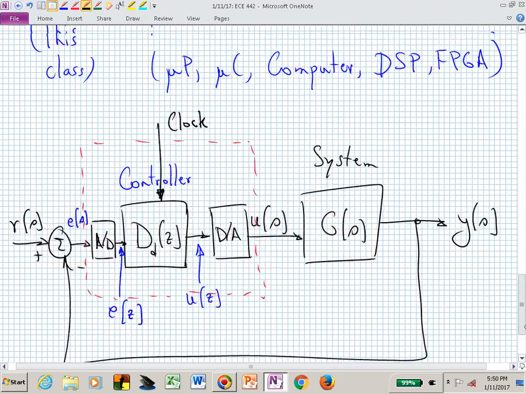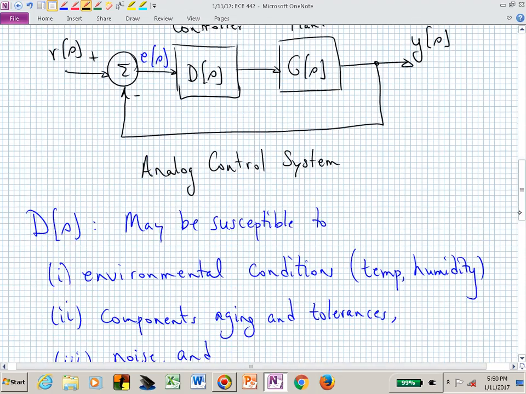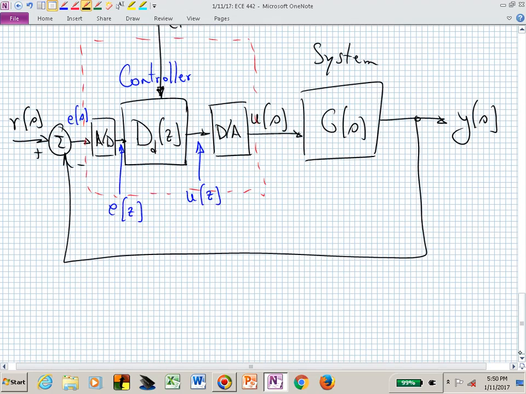And this system now, in contrast to an analog control system, is sampling this error signal and then using that to drive our controlled system. So this is now called a sampled data system.